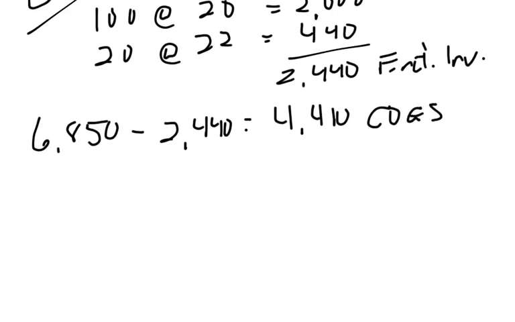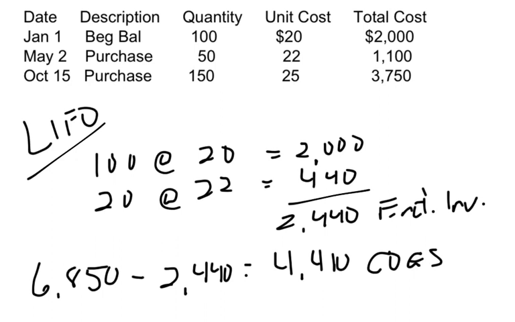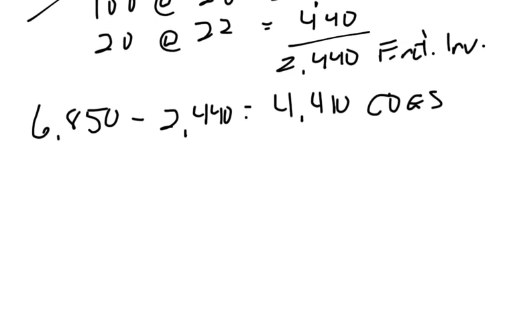Let's run through the numbers. We have 180 units in cost of goods sold, and this is LIFO. Last in, first out. That's the order of sales, and that's what we're doing now with cost of goods sold. So we'd start at the bottom, or the last purchases, the most recent purchases that were made. So we'd start with the 150. So we'd have 150 units at $25, which is $3,750.